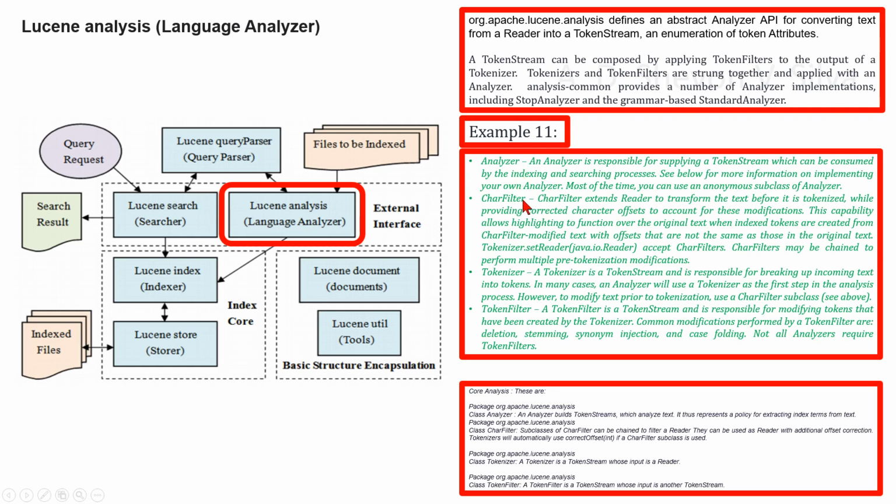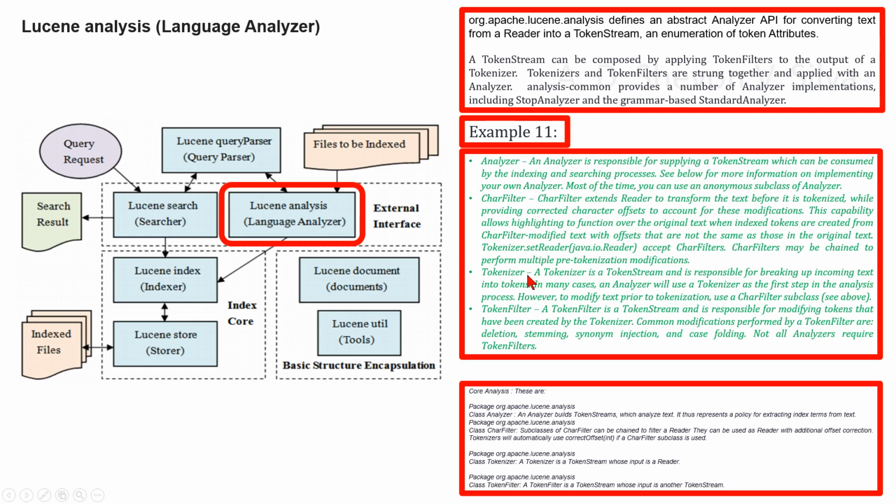Class CharFilter in package org.apache.lucene.analysis: subclasses of CharFilter can be chained to filter a reader. They can be used as a reader with additional offset correction. Tokenizers will automatically use correct offsets if a CharFilter subclass is used.